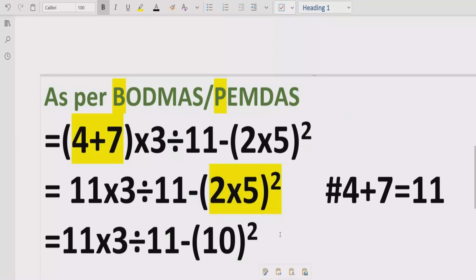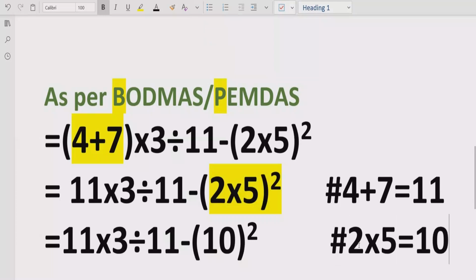Here we will write 2. And here we have to give the reference: 2 multiplied by 5 equals 10.